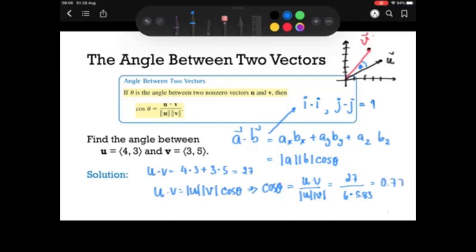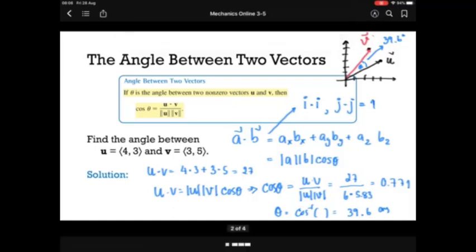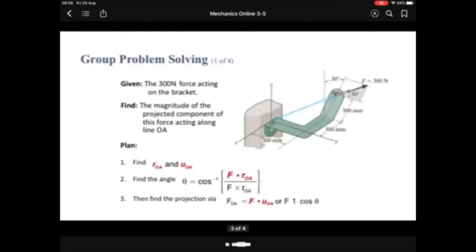If you take the arc cos here, you will get the angle equal to 39.6. So it shows that this angle is 39.6 degrees like this. And you can also find the projected component of any force along a line.